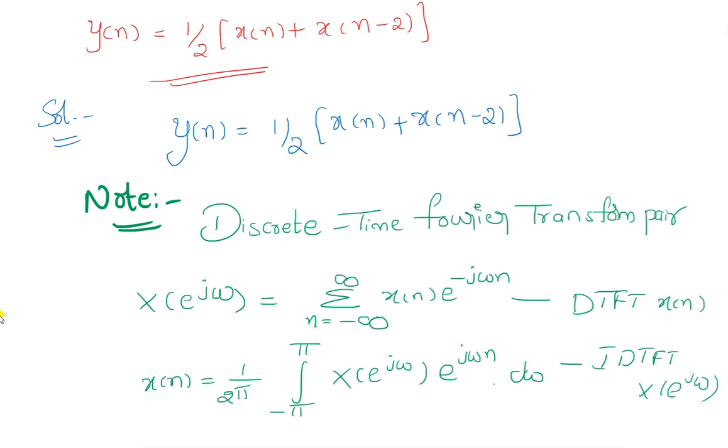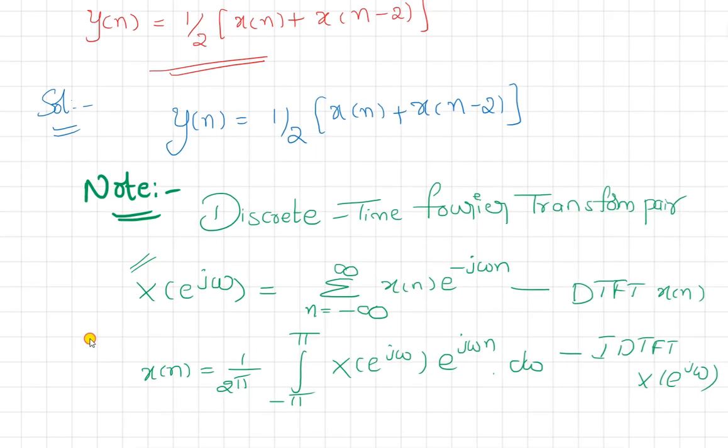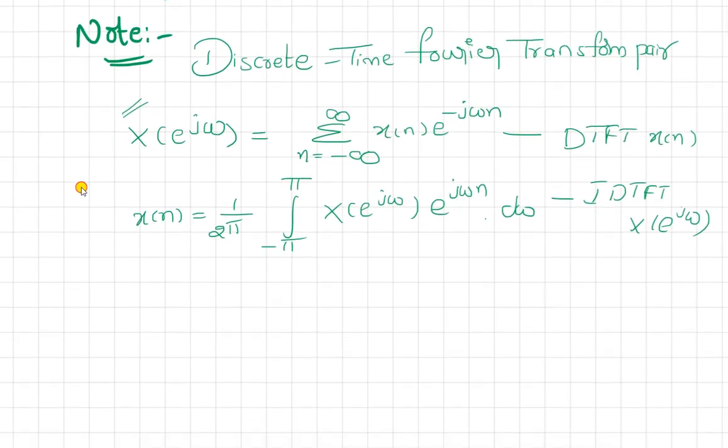So these are the formulas applicable to the discrete time Fourier transform pair. This is very important. Now by using these two formulas, we would like to find out the frequency response. Now we will see how to solve this one.